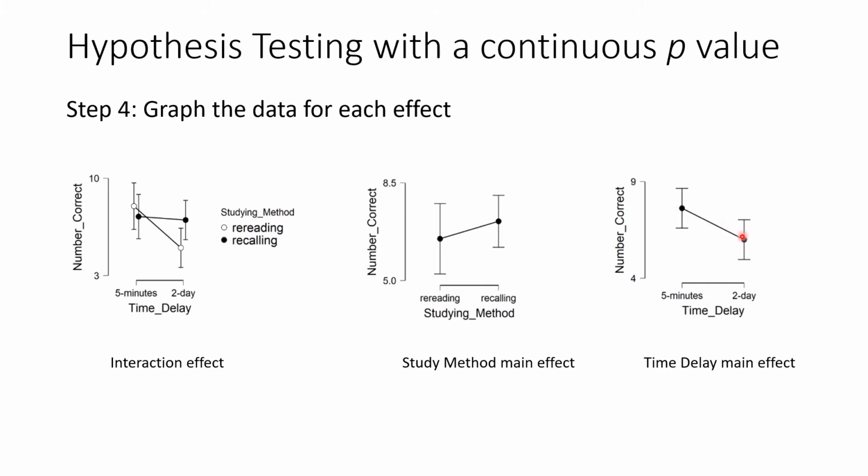There's not as much overlap here between these confidence intervals. And it looks like as time goes by, people tend to remember more if the test is in 5 minutes than if the test is 2 days, which of course makes sense. We know as time goes by, people forget things. So this wouldn't be too surprising in effect.